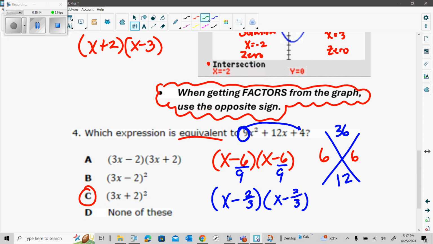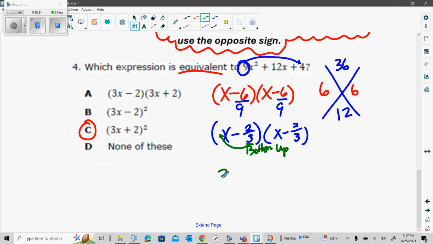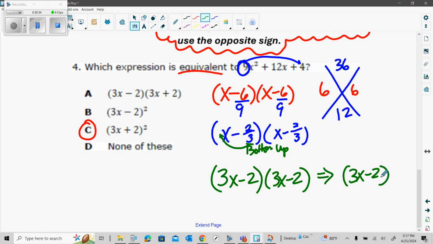But since this 3 cannot go into 2, this is one where we do bottoms up, meaning the bottom number goes up to the front. So we get 3x minus 2. We get it twice, which basically just means you can write 3x minus 2 to the power of 2, meaning I have two factors of that.